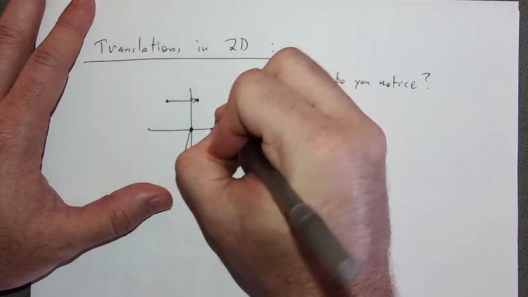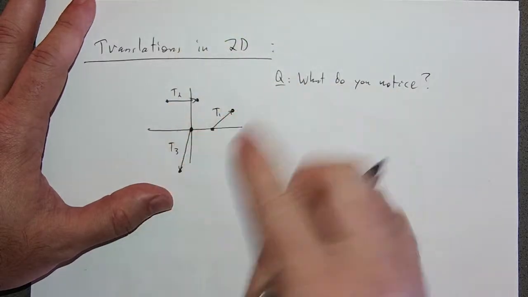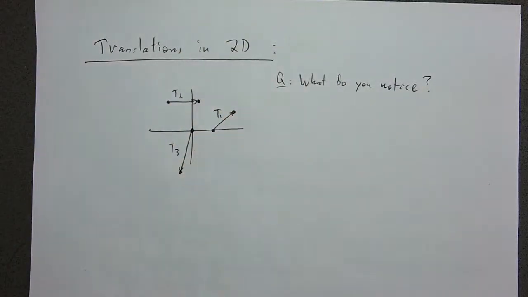We'll call this translation t sub 1, we'll call this one t sub 2, and we'll call this one t sub 3. Notice that these translations are by a vector, right? So when you describe a translation, you're saying, I want to translate this point by this vector. And of course, if you're applying the translation to the whole plane, what you're doing is shifting the whole plane by that amount.